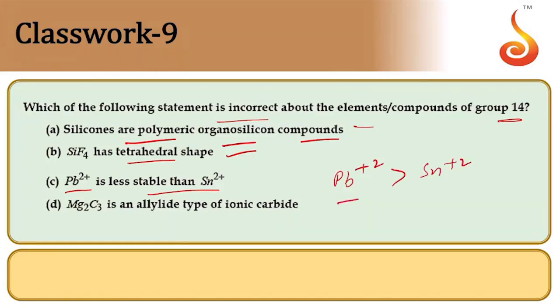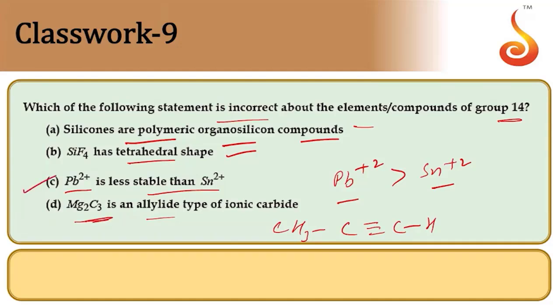Pb forms more stable plus 2 ions than Sn. And Mg2C3 is an allylide because on hydrolysis it gives propyne, which is CH3C≡CH. So the answer is option C.